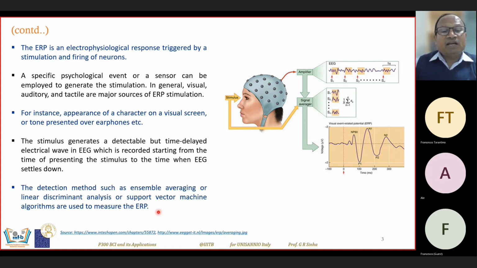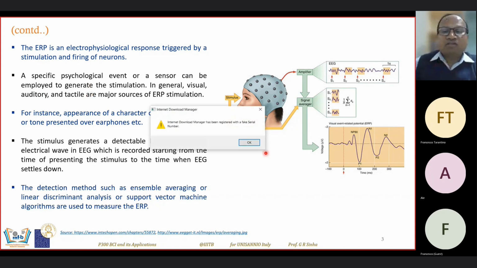Why is the appropriate name event related potential? Because what is the event which is causing the stimulus to the brain? Whether it's a visual event, whether there is a sound being generated to create the stimulus, or whether there is some system through which the person is subjected to touch, like that.